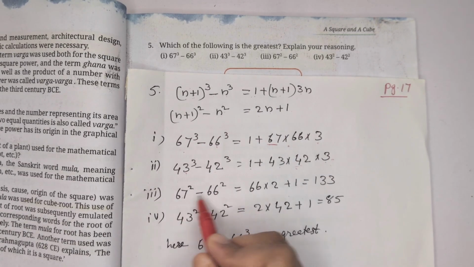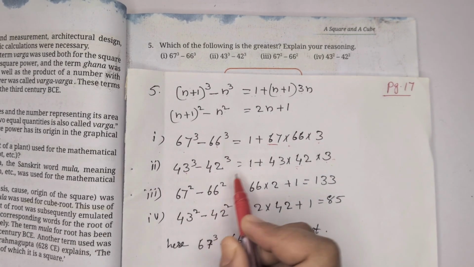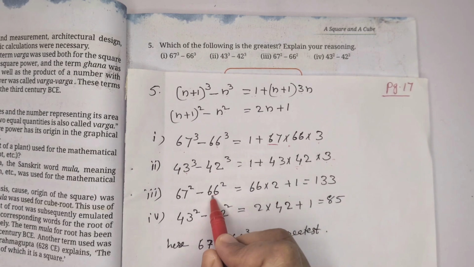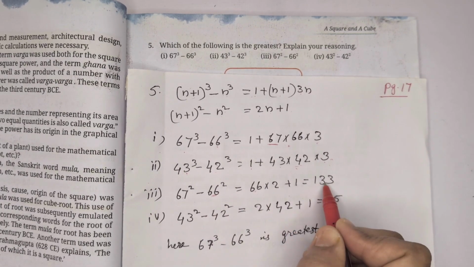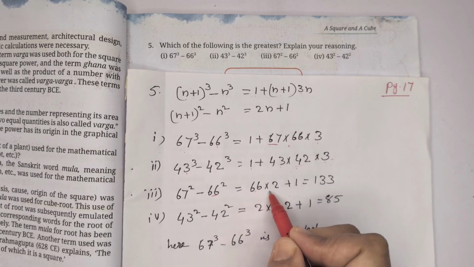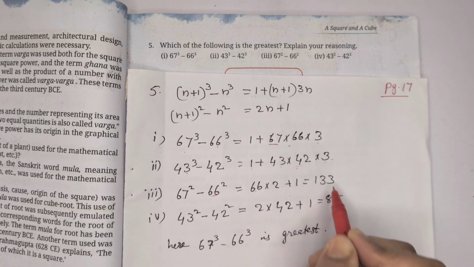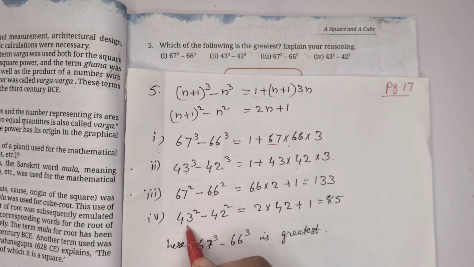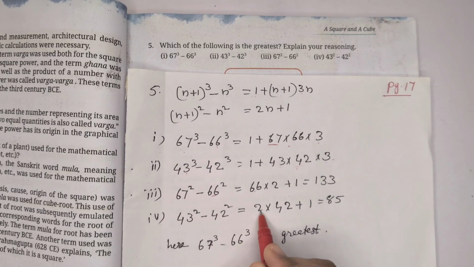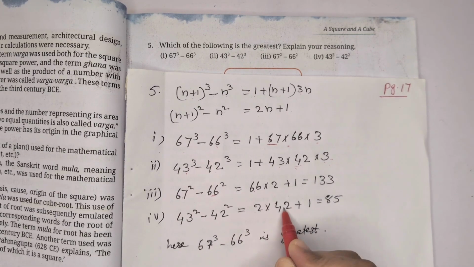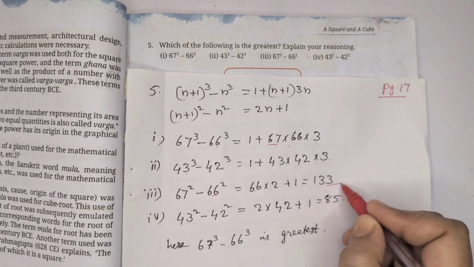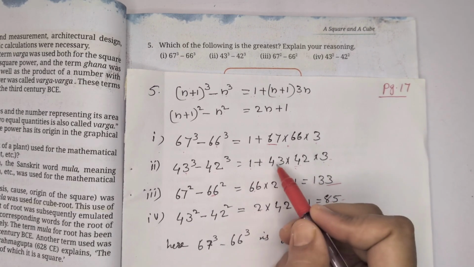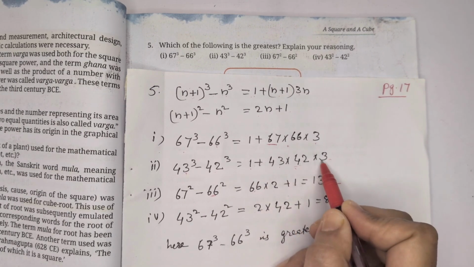So here 67 square minus 66 square. 2n means n is the smaller number. 2 into 66 plus 1, it will come 133. 66 into 2, 132 plus 1, 133. Here 2n, 42 into 2, 84 plus 1, 85. So the answer we are getting here is 85, here 133, and here 1 plus 43 into 42 into 3.